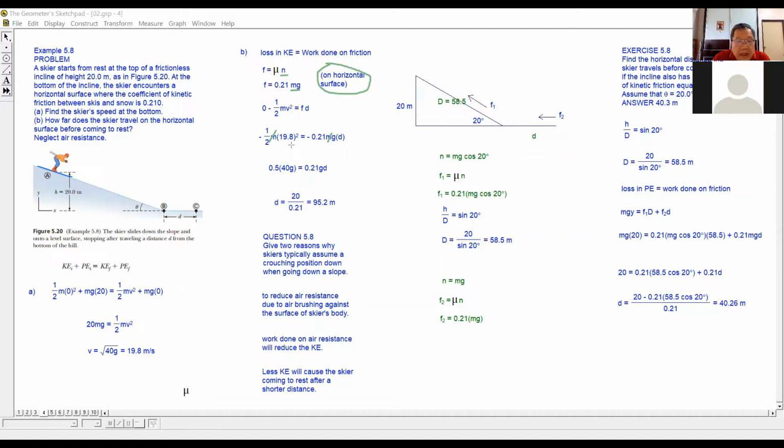On the other side, 19.8 squared is 40g. That's how I get the 40g here. Divided by 0.21g, you have the distance traveled, 95.2 meters.